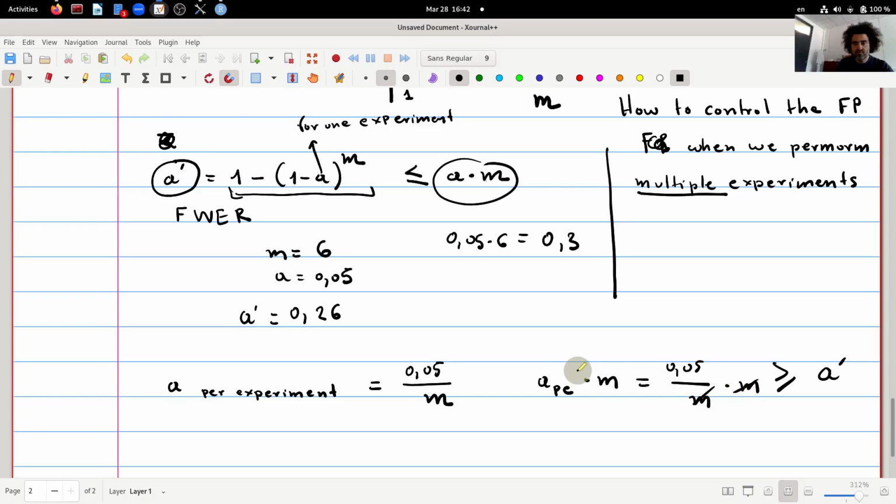So if instead of using a significance threshold 0.05 per gene, we use a much smaller significance threshold for a single experiment, and this much smaller will be 0.05 divided by m, then we can control the family-wise error rate.